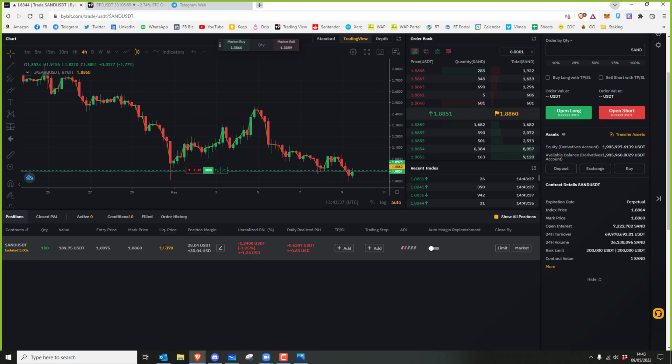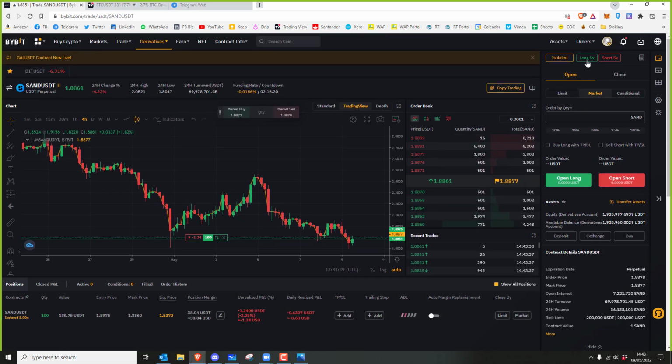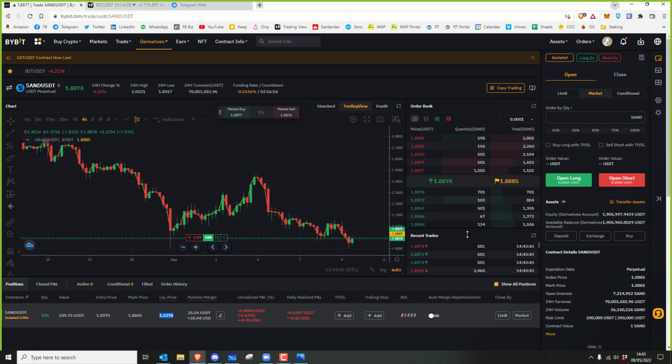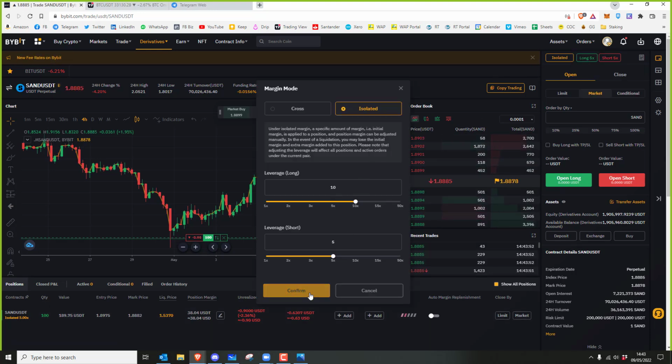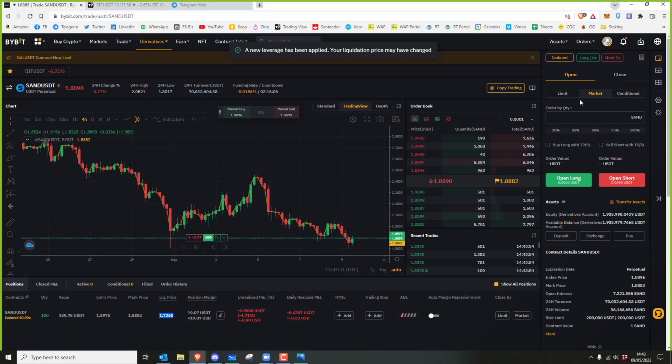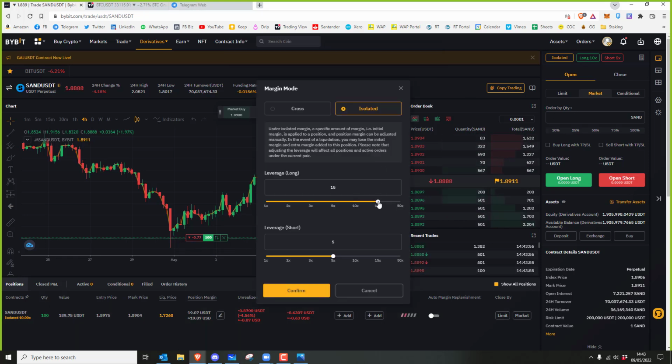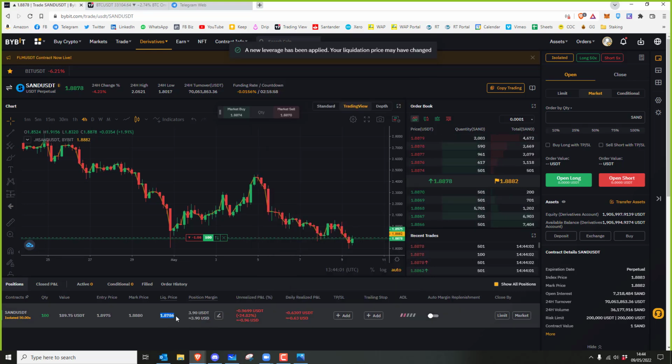Now the thing is, the higher the leverage you have, the less of a buffer you have with your liquidation price. So here at 5x, our liquidation price is at 1.570. If I then double this up to say 10x, it's now 1.72. If I now go to, screw it, 50x, it's now 1.87. It's pretty much right up to market.